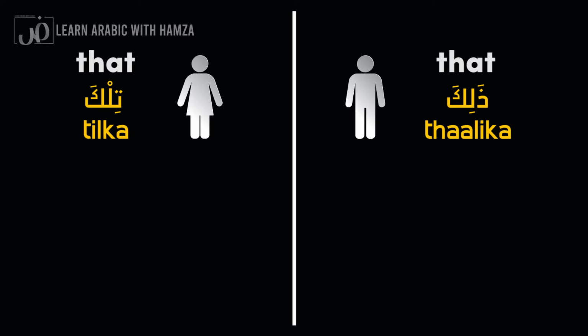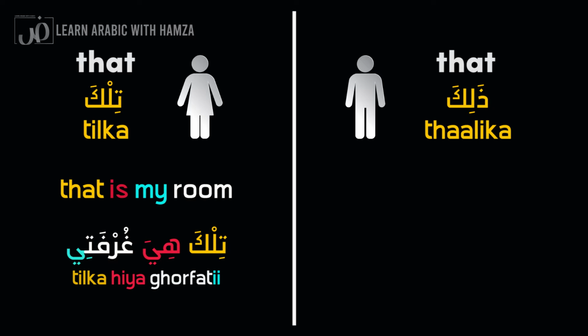Okay, so let me give you some examples. If I want to say that is my room, here room is feminine, so I'm going to use تلك. So تلك هي غرفتي.